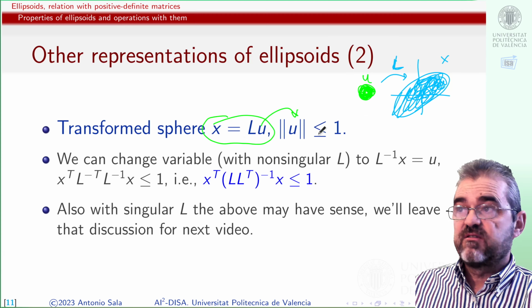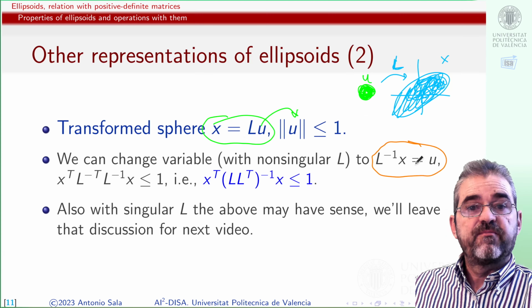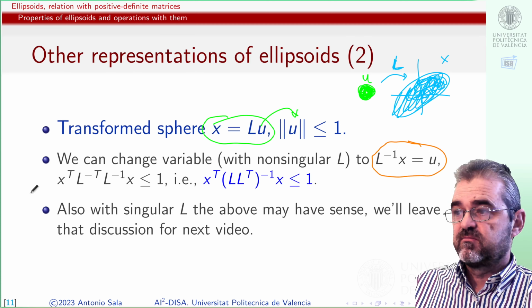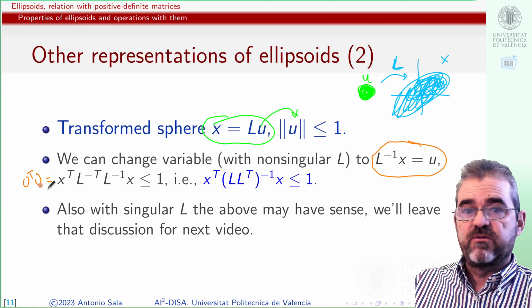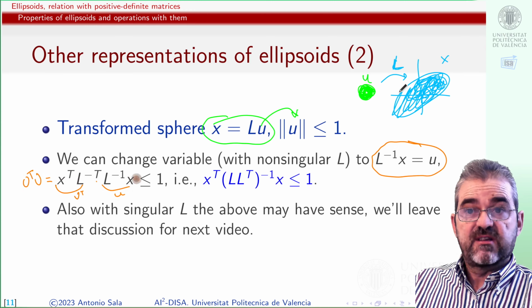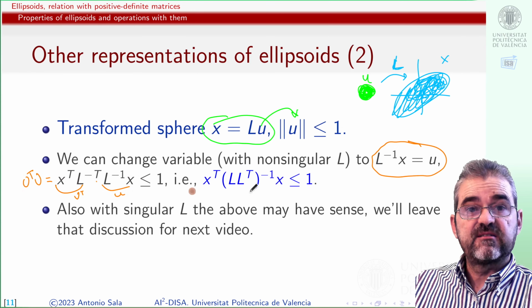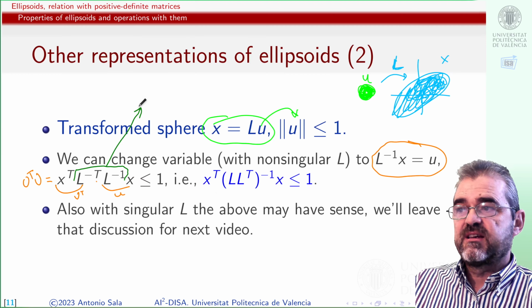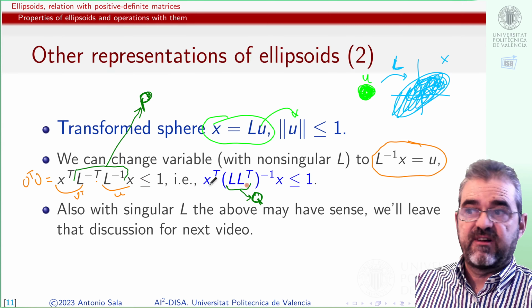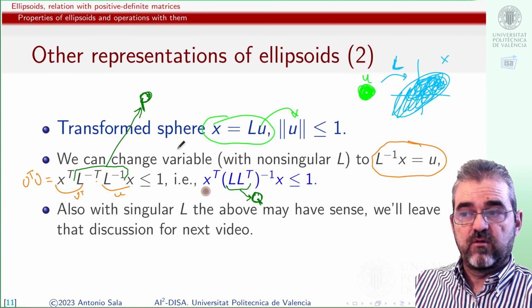If L were invertible, then U would be L minus 1 X. So U transposed U will be this thing. So this X will verify the definition of my ellipsoid with this P, or I can call it L transposed Q, if I wish to represent it in inverted form.